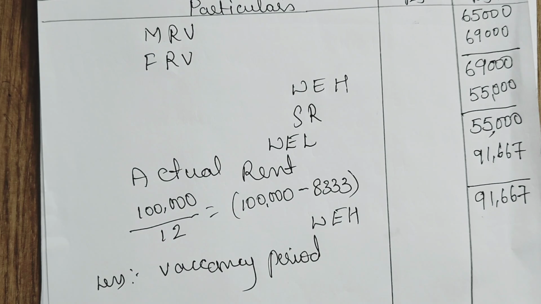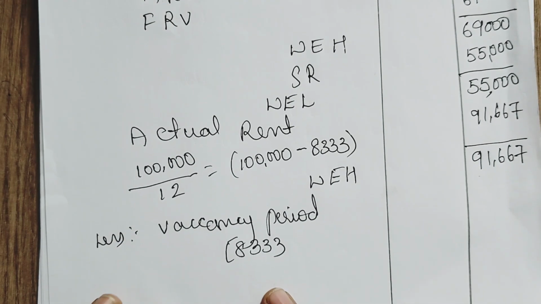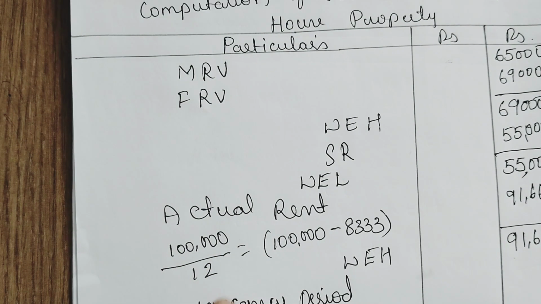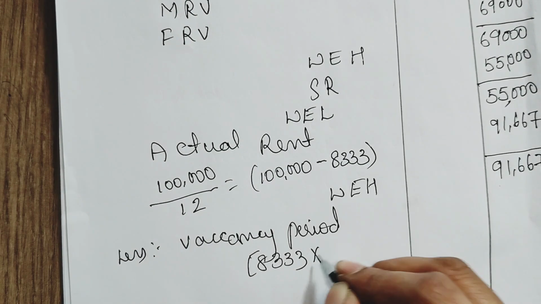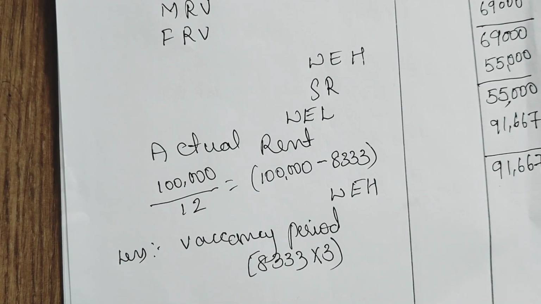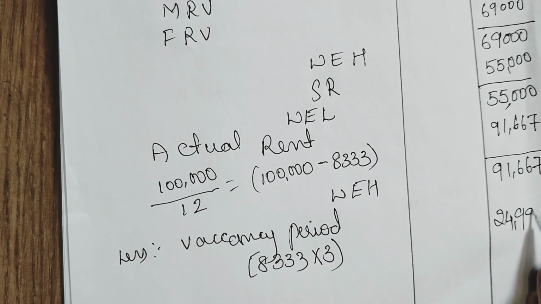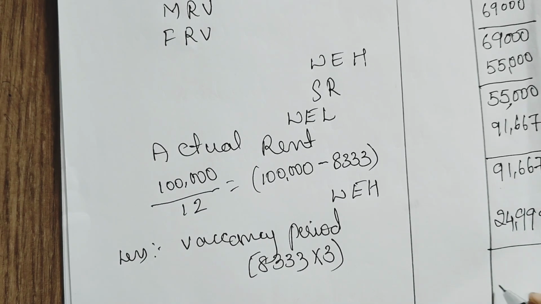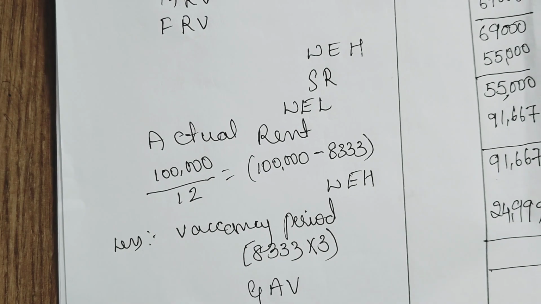The house was vacant, right? What is the rent per month? 8,333. How did we get 8,333? By dividing total rent by 12 months. 8,333 into 3 months it was vacant. Into 3 we will get 24,999.